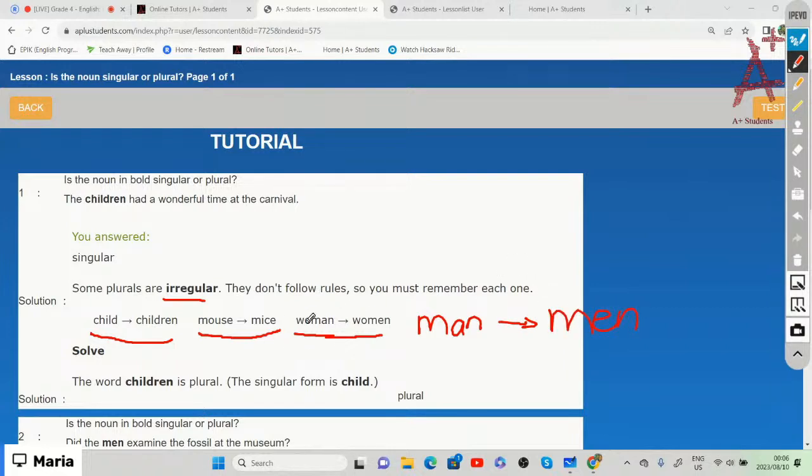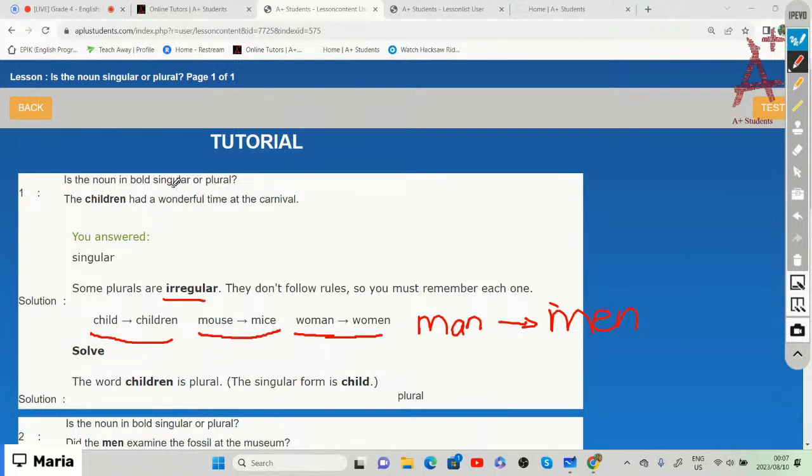And that is the same as with woman. It's like we're just adding the WO in front of that word. Man and men, right? Child and children. It's almost like the word changes, or we add more words to it when it comes to children. And with mouse and mice, the word changes. Woman and women, only one letter changes, and the same with man and men, only one letter changes.